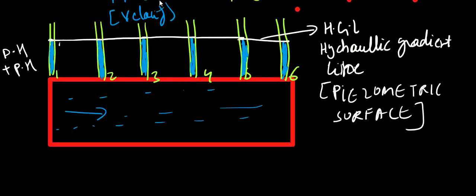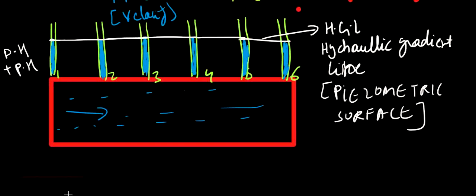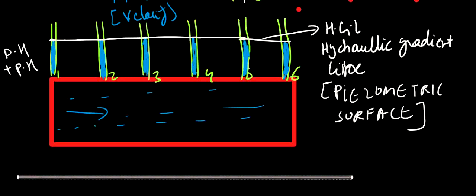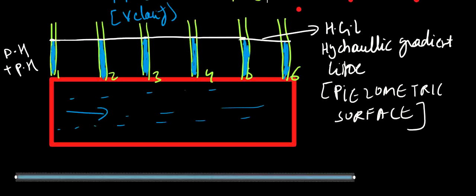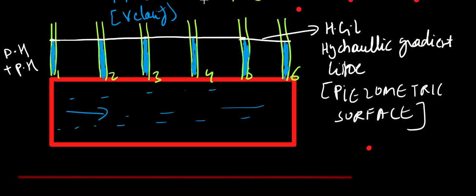Datum is nothing but a reference, or a benchmark, from where we measure all of our heights. You can consider datum as a zero level point. So all the heights will be measured from our datum only. For example, if this is our datum, all the heights will be measured from this point only.